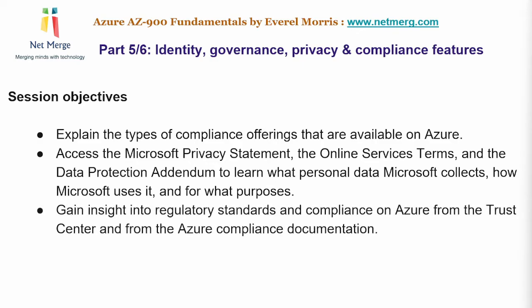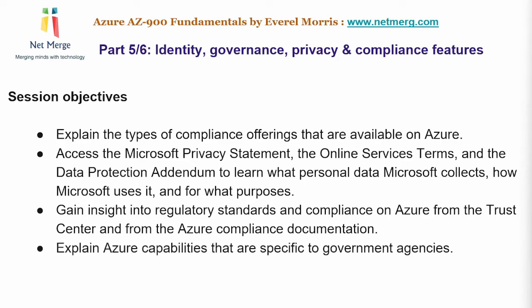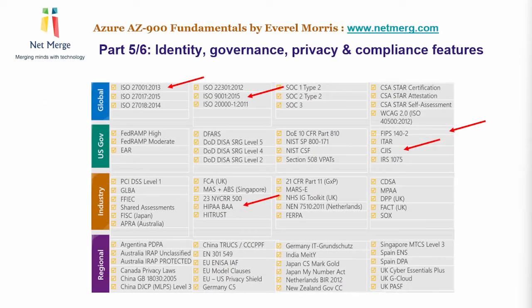You'll gain insight into regulatory standards and compliances on Azure from the Trust Center and from the Azure compliance documentation. We want to explain the capabilities that are specific to government agencies. So those are the objectives that we're going to be looking at in Azure.